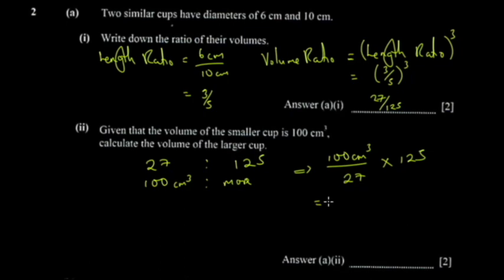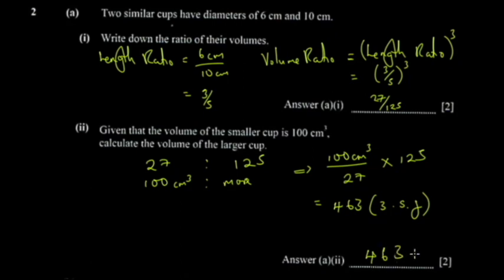So to 3 significant figures, you'd get 462. Let me check, let me change this, okay, so it'd be 463. This is 3 SF, then you indicate 3 SF, okay.